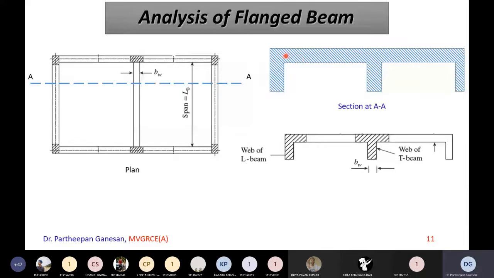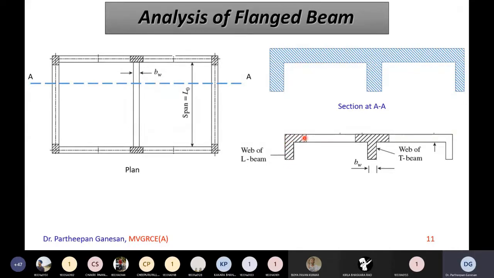so this entire slab, this will be designed as an L beam, because this is the rectangle part. But because these things are cast together, this slab also will contribute to some of the compressive force. Okay, not only will this rectangular beam take the compressive force, but some portion of the slab also will be effective in taking the compressive forces.